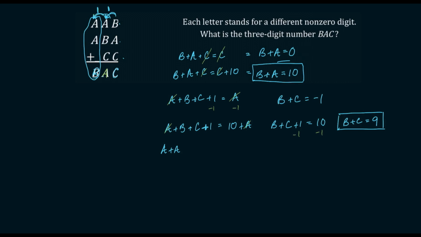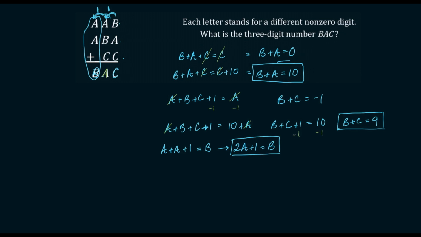A plus A plus 1 is equal to B. And when we simplify this, we get 2A plus 1 is equal to B. And this is our third and final equation.